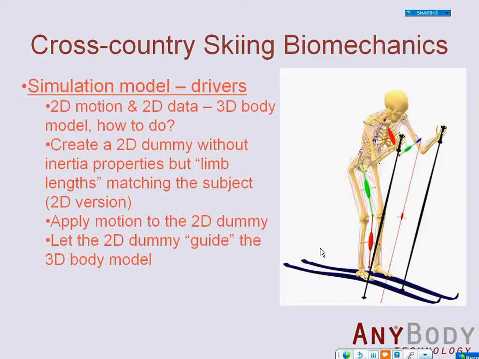The two-dimensional dummy is, if I mark it, in the sagittal plane here, you have the 2D dummy, red and green and blue, and then you have the 3D body model around it. And I let the 2D dummy guide the 3D body model.